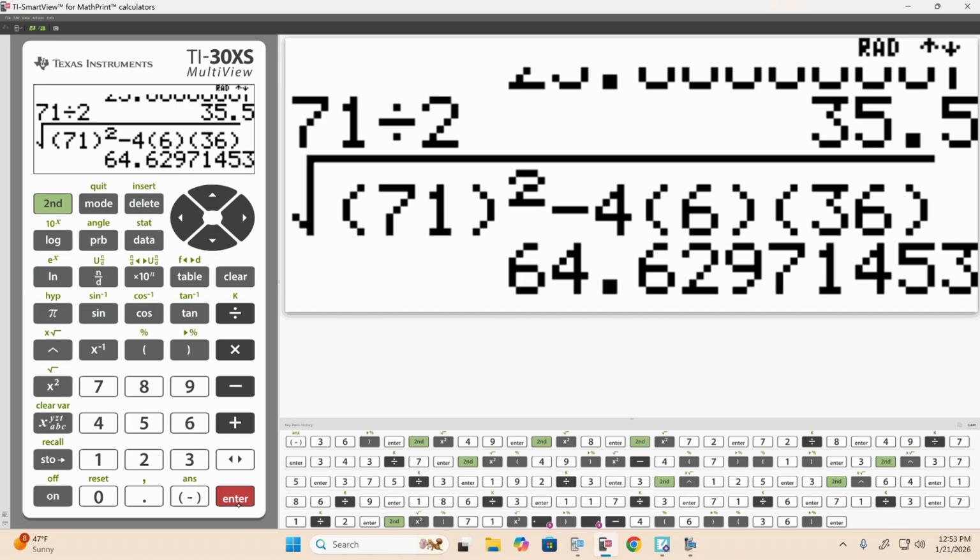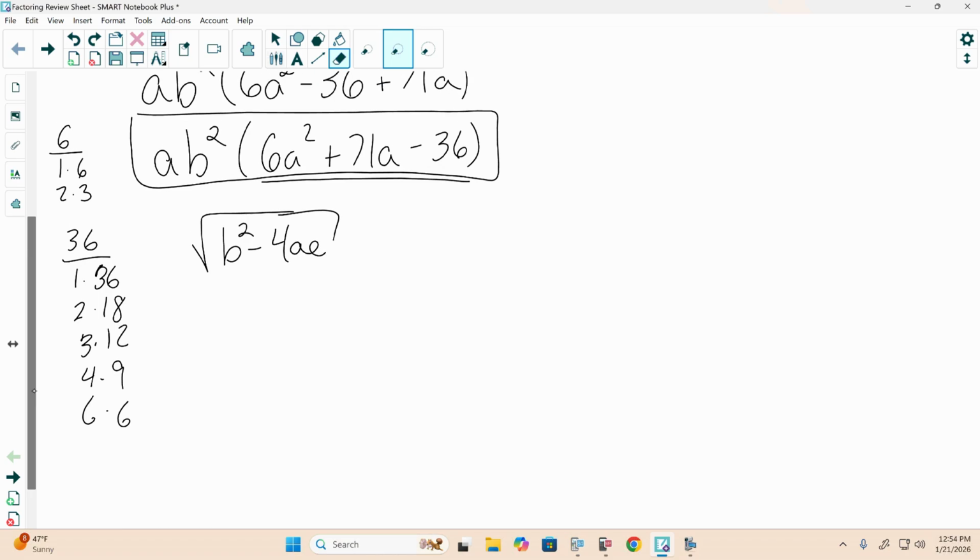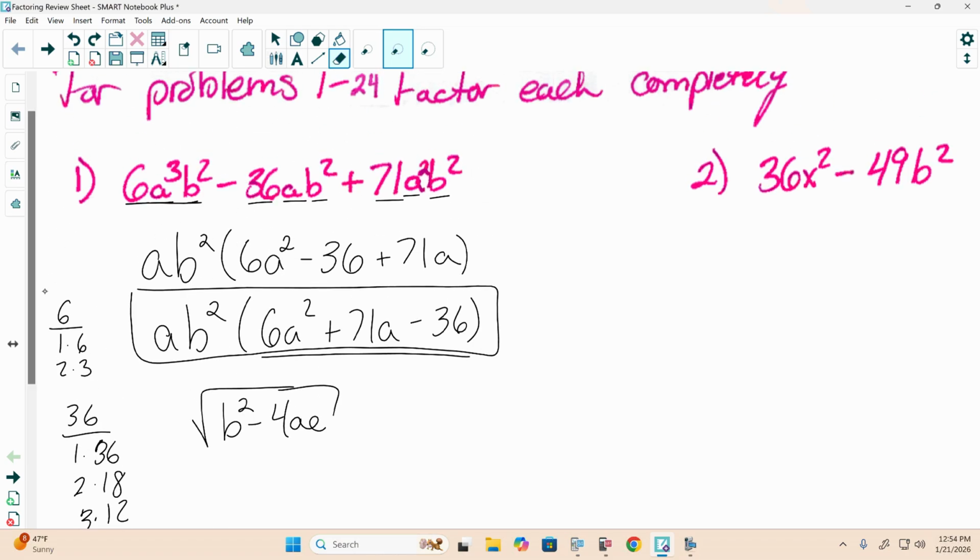It gives me an irrational number, telling me that the solutions are going to be irrational. We don't have irrational factors, so that's as far as it goes. But again, in the first part, there's only one that's just going to be greatest common factor factored out.